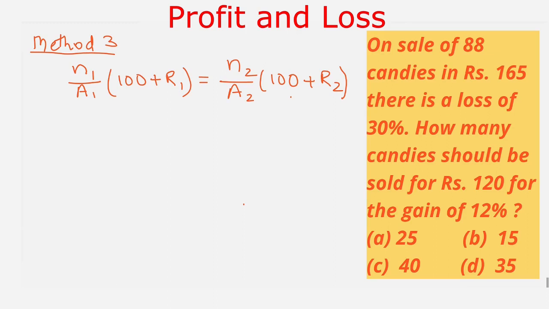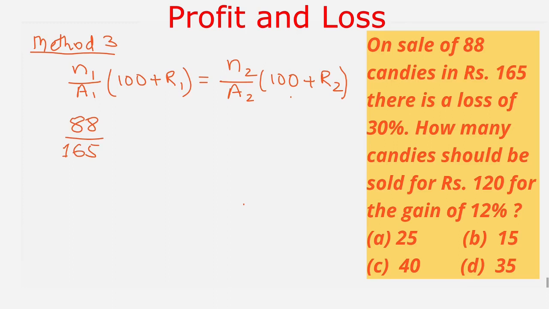R1 may be profit or loss. Similarly, R2 can be profit or loss. If it is profit, we will take it plus. If it is loss, we will take it as negative or minus. N2 is the number of articles in amount 2 and R2 is the profit we require for selling N2 items in amount A2.